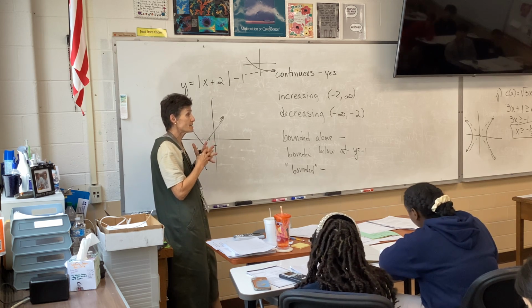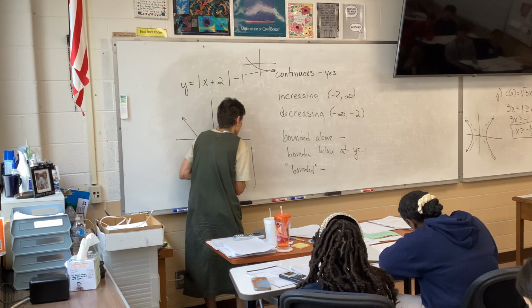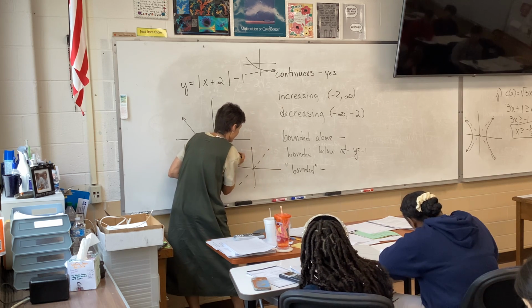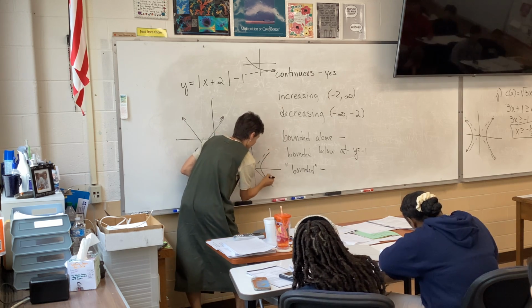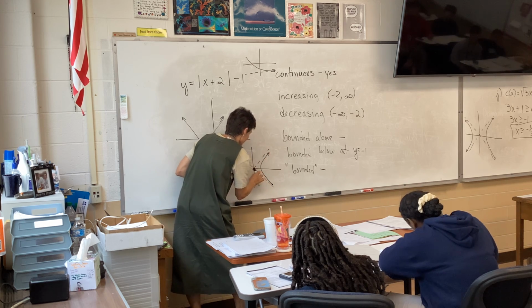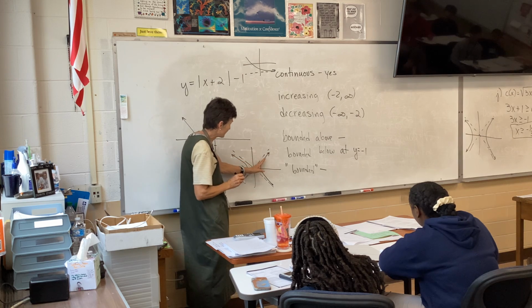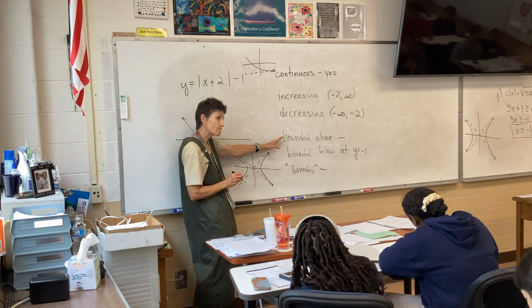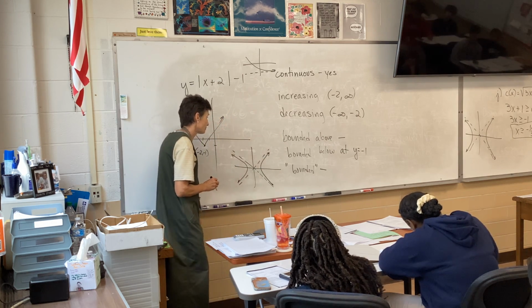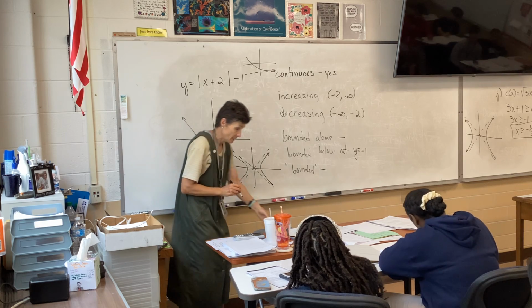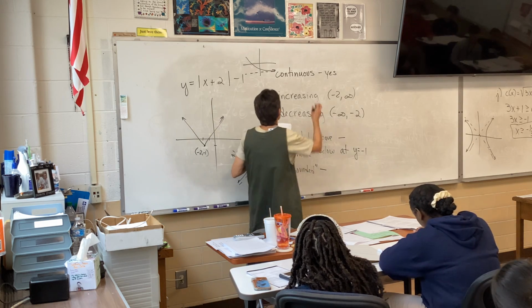Asymptotes are lines that the curve approaches but doesn't intersect. These are supposed to be dashed lines. These would be asymptotes. See how the curve gets closer to it as it goes out? So we have no asymptotes. No asymptotes on this one.